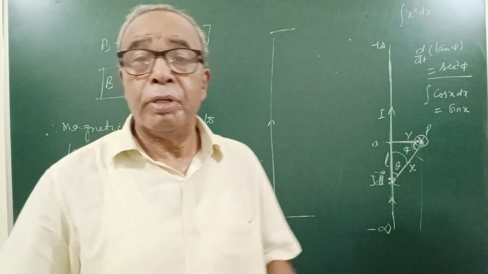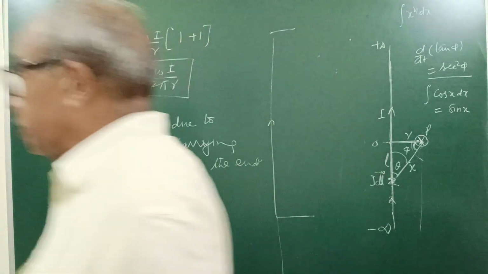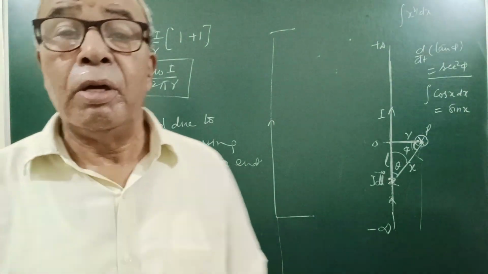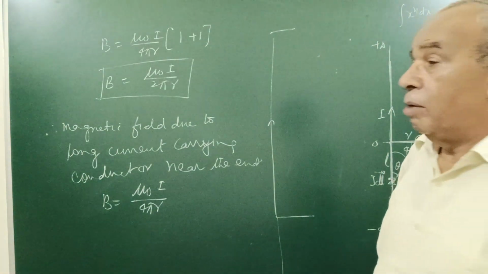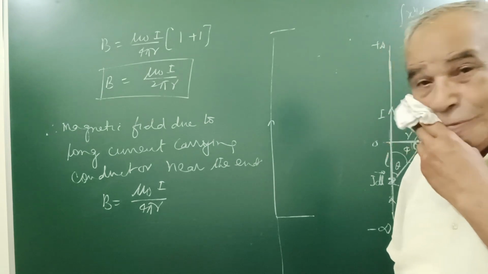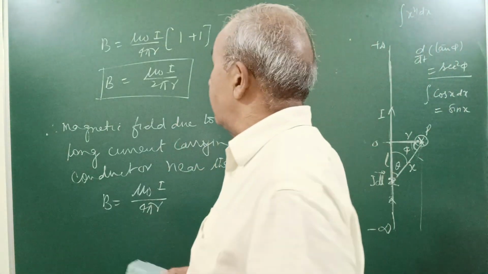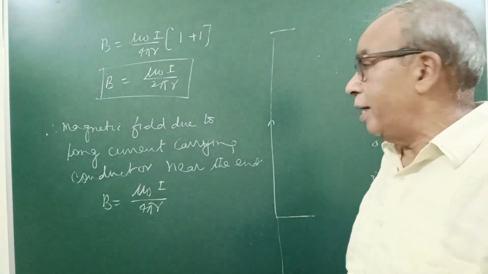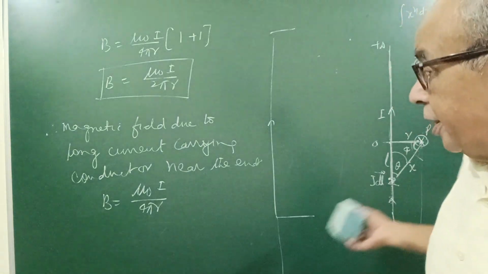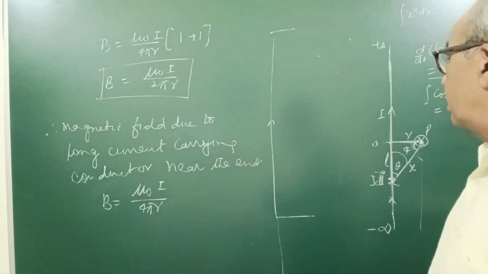Reduced to half. So this is the formula for magnetic field due to a straight long current carrying conductor. Very useful in learning this chapter further. We will learn other laws of magnetism which can be proved by this formula only. Please remember the magnetic field due to a straight long conductor is given by B equal to mu 0 I upon 2 pi r, and at ends it is mu 0 I upon 4 pi r.